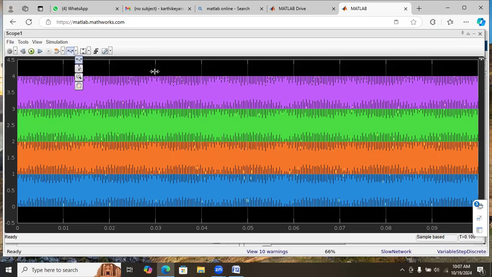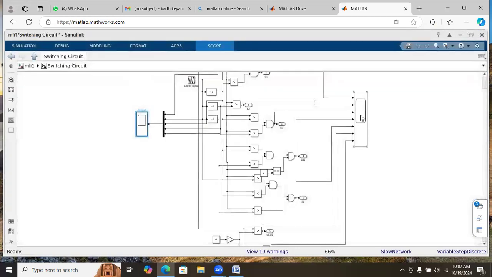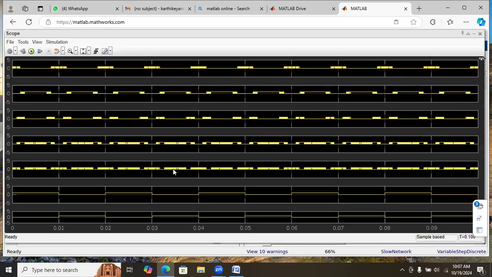Here these are the modulation waveform and carrier waveform used to generate the pulses. From that, pulses are generated and it is provided here. For the first 4 switches, the first pulses are for the level generation and the next 2 pulses are for the H-bridge inverter operation.